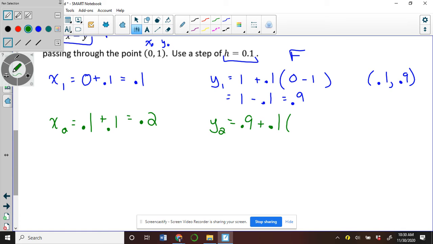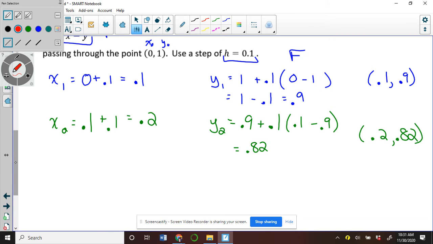So now that is x minus y, and our x was 0.1, and our y was 0.9. And this will give us a y2 of 0.82. Therefore, our coordinate would be 0.2 and 0.82 for our second step.